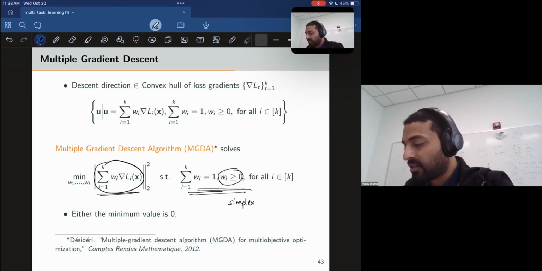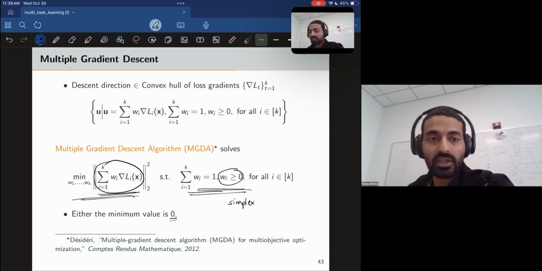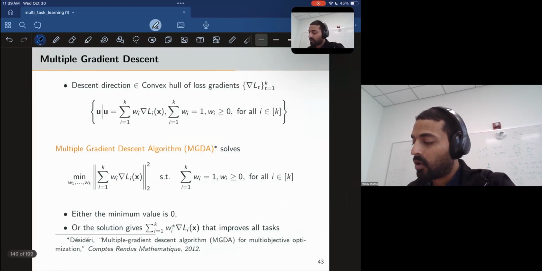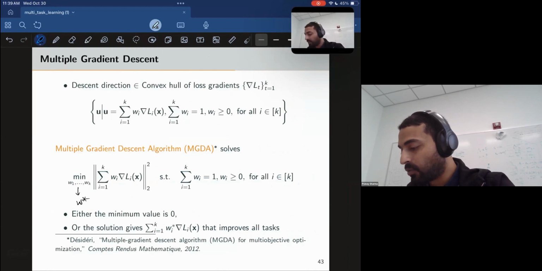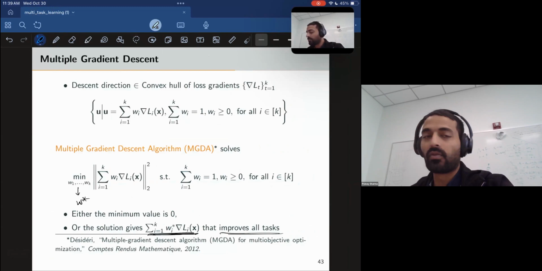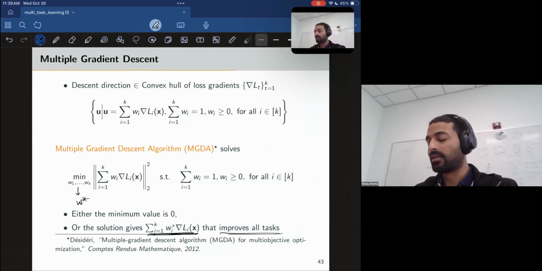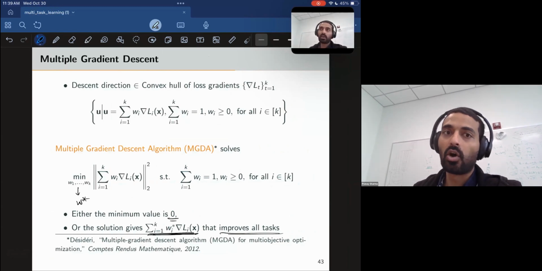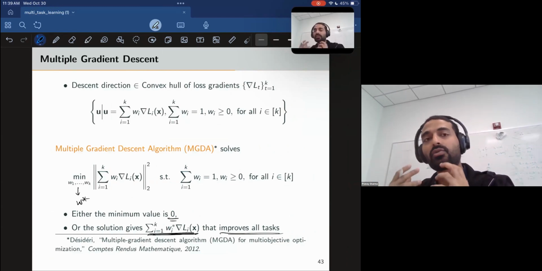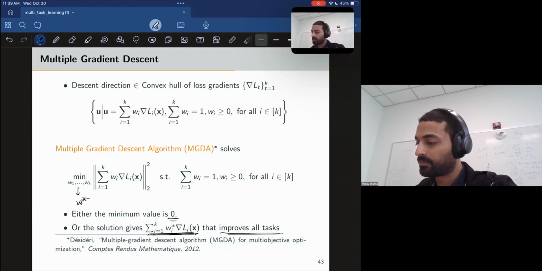So it turns out either this is zero, or whatever the solution, let's call it w star, it will give you some coefficients such that you compute this convex combination and it will improve all the tasks. So it will give you a descent direction. The same consequence of Pareto stationarity holds here: either this thing is zero, which means you are at a Pareto stationary point, or you can find a direction in which you can minimize all the functions simultaneously.